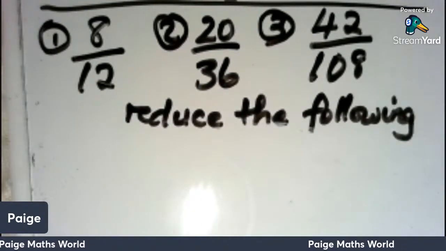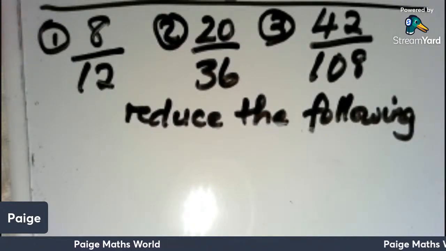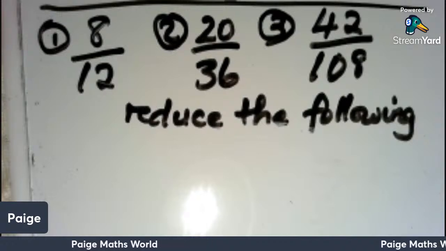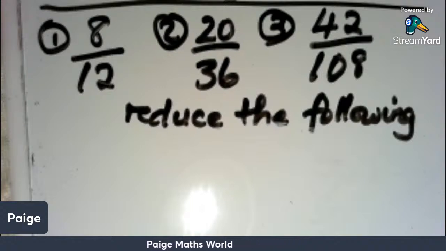All right, for number 2, 20 upon 36. What's the number that you guys used? Which factor did you guys use to reduce 20 and 36? All right, Raymond said he used 2. JD, what did you use?